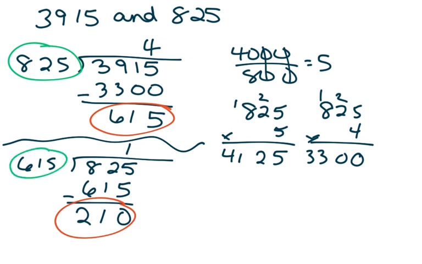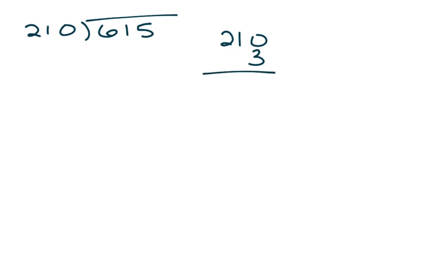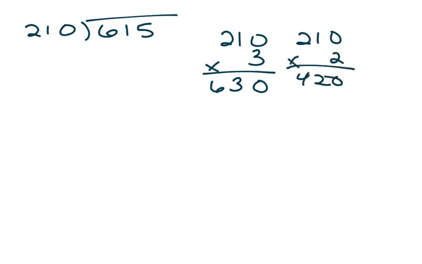And 615 will be in our new division problem. 210, 615. That is approximately 3, but that might go over, so let's just double check. 3, yeah, 630 is over. So we want 210 and 2, which is 420.